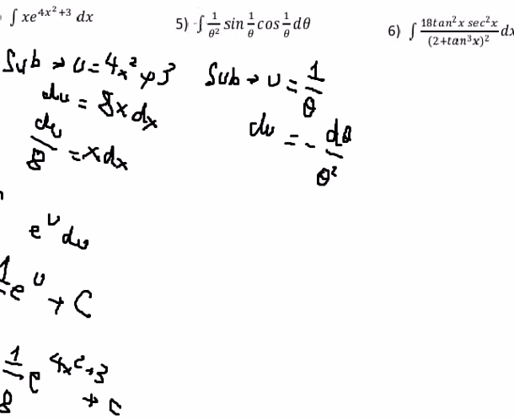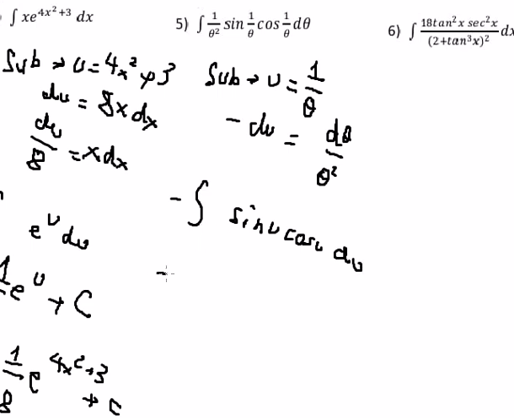Because we don't have a negative in here, we put a negative next to the du. So this one we change for u. This one we change for negative du.